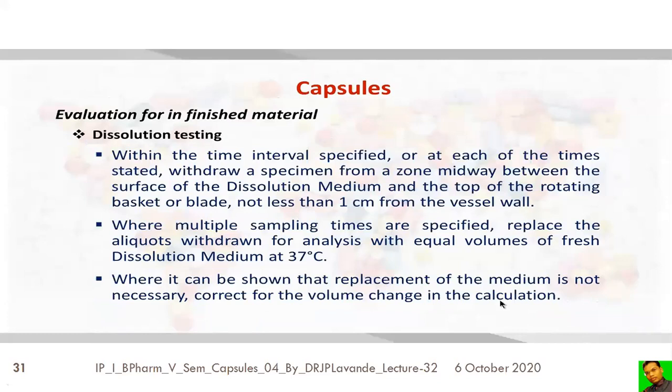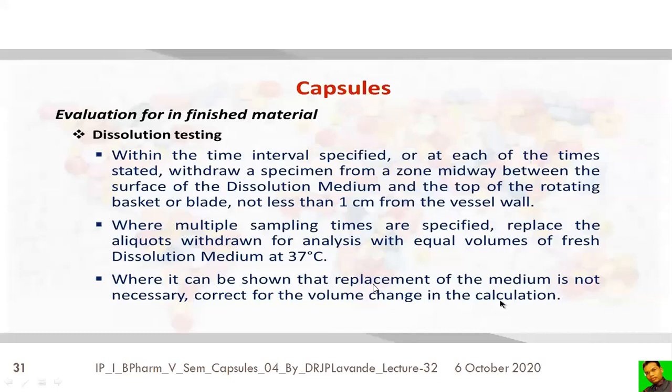Where multiple sampling times are specified, replace the aliquot withdrawn for analysis with an equal volume of fresh dissolution medium at 37 degrees Celsius. So we need to replace the medium, and the temperature should be maintained at 37 degrees Celsius. The amount of sample that is taken out should be replaced by the same amount of fresh medium.